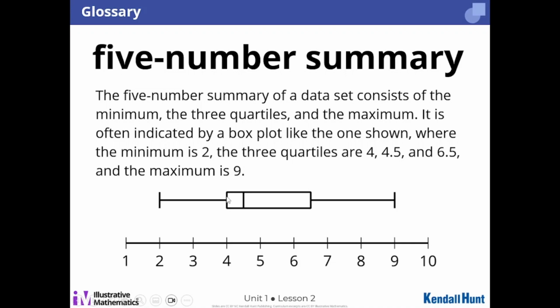The two sides of our box, the left side is our first quartile, or Q1. The right side of our box is our third quartile, or Q3. And the line in the middle of the box is going to be our median.